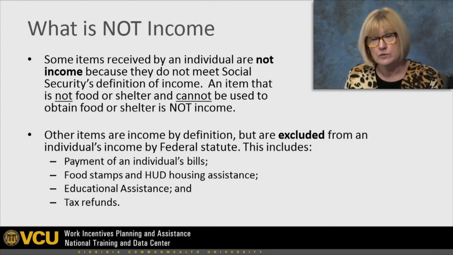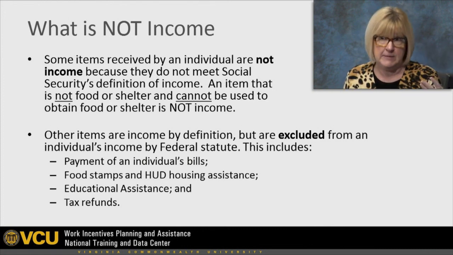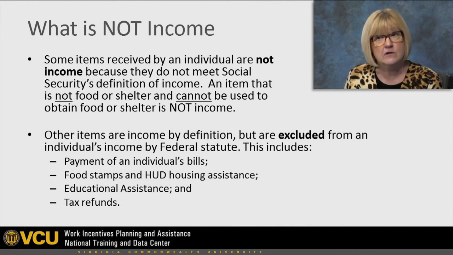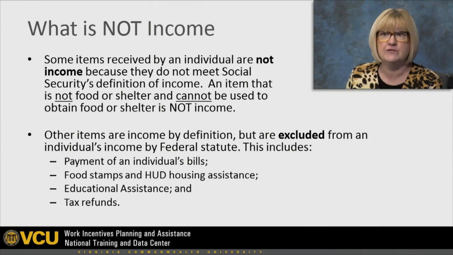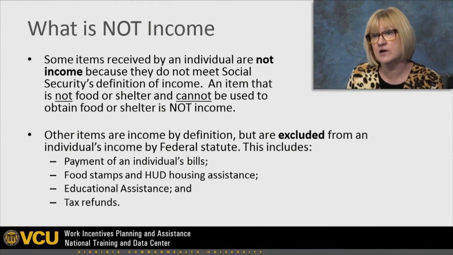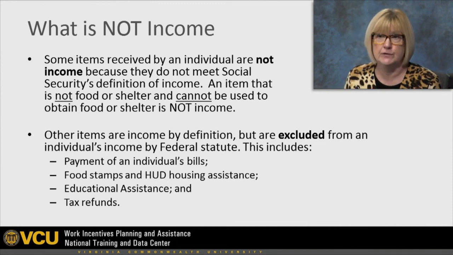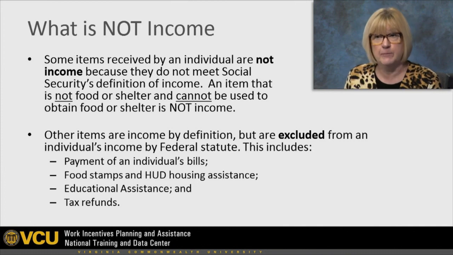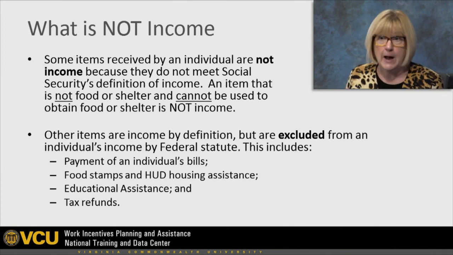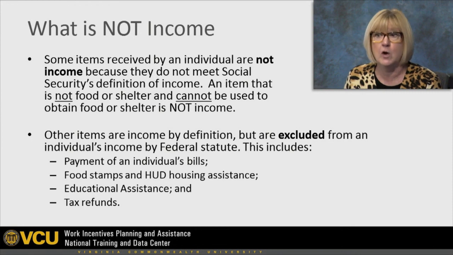And the rules within the policy manual that Social Security uses, it's called the POMS, P-O-M-S, have page after page, citation after citation of all of these descriptions of things that are excluded. That list is long. So we're going to hit some of the basics here, but there's a lot more that could be excluded than we'll cover in this 1-hour lesson.